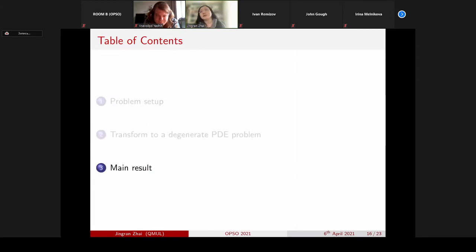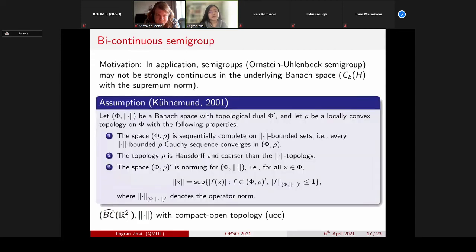Then we go to the last part, the main result. We first introduce the definition of bicontinuous semigroup. The motivation of this definition is that in applications, especially Markov processes related to populations, the semigroup we are interested in may not be strongly continuous in the Banach space that we are interested in.